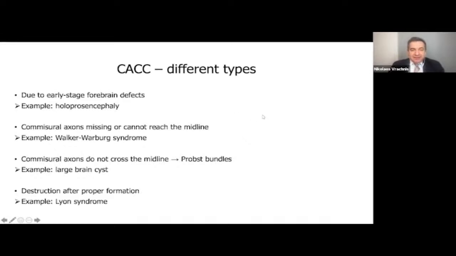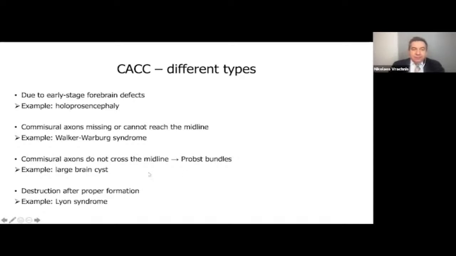So we have the different types of the complete agenesis of corpus callosum. If there is an early stage brain defect like holoprosencephaly, there may be commissural axons missing that cannot reach the midline. So this is the Walker-Warburg syndrome.